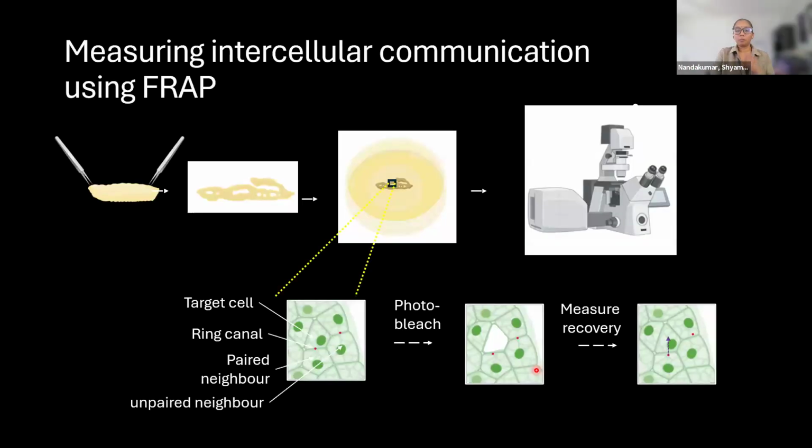And so to address this, we designed a fairly simple fluorescence recovery after photobleaching experiment where I simply dissect fat bodies and embed them in a low melting agarose dish and photobleach individual cells to see the recovery of proteins that may traverse ring canals.